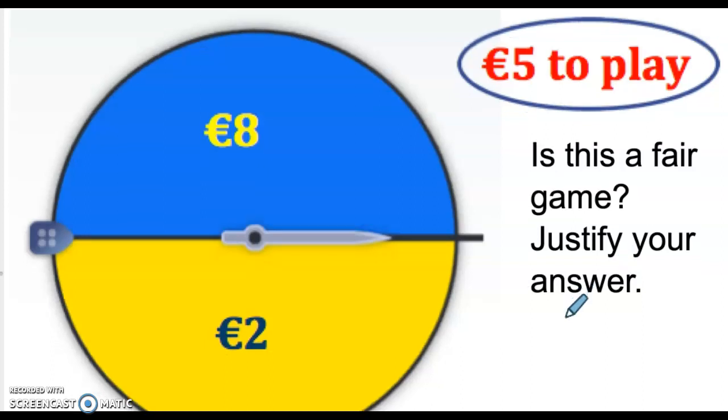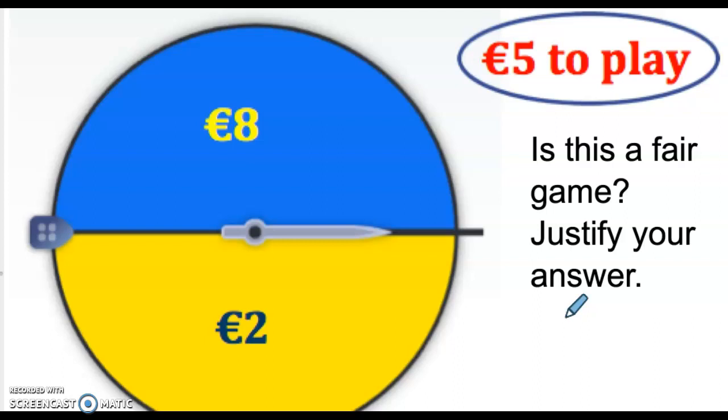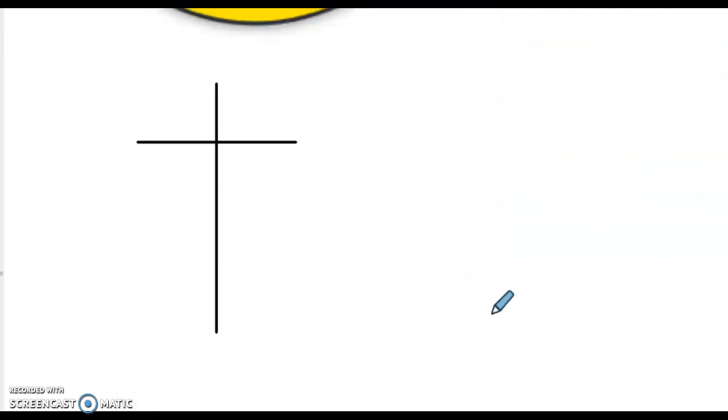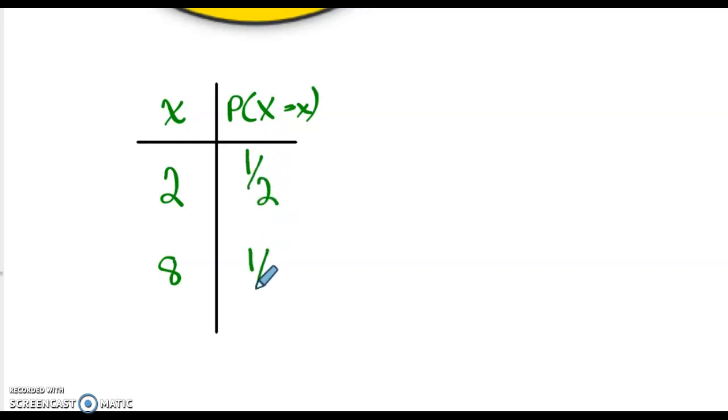So if we are going to figure out if this is a fair game, we need to find the expected value. Once again, to find the expected value, we need to do a probability distribution. The outcomes are €2 and €8, and the probability of each is a half, because there's an equal chance of landing on each side of the spinner.